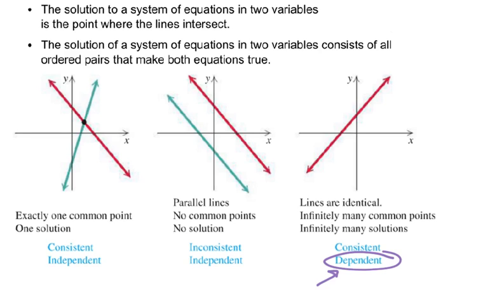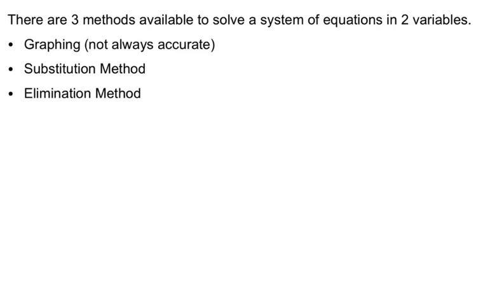So we have three methods that we can use to solve a system of equations in two variables. Now, graphing, we're going to do that first, and that's not always accurate, because unless you're plotting and you've got all your little crosshairs and you know those points are landing right on that crosshair, you don't know what the solution is. You can use your graphing calculator to check, but I'm not going to want you to do that on the test.